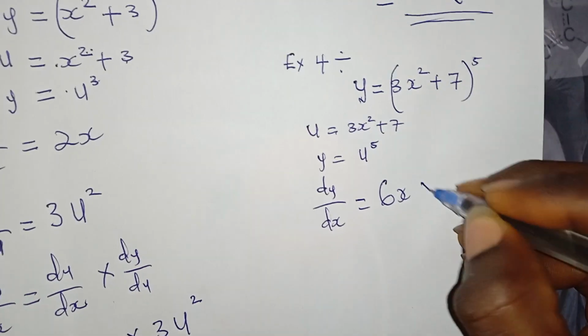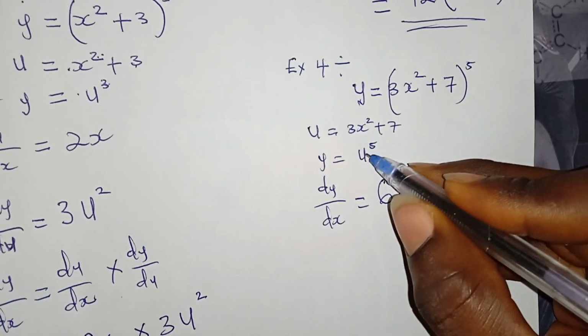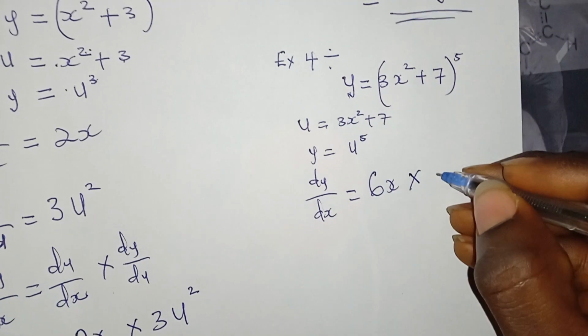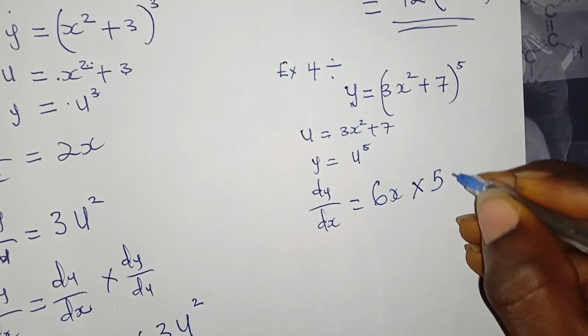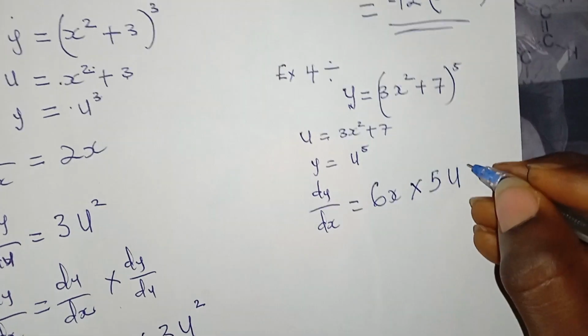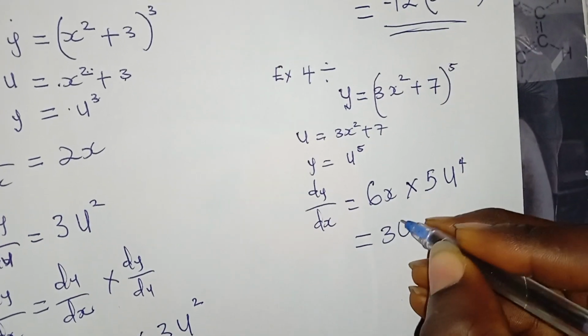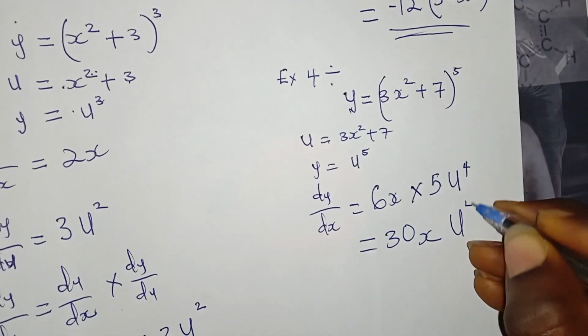Now times, this is u, y is u, so I carry this, come here, it becomes 5u, then subtract 1 from this, it becomes 4. So if I times it, it is going to be 30x u to the 4.